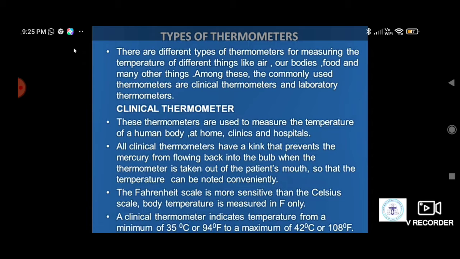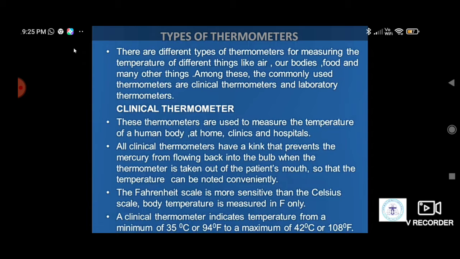So how is the clinical thermometer used in humans? These thermometers are used to measure the temperature of the human body at home, clinics and hospitals.